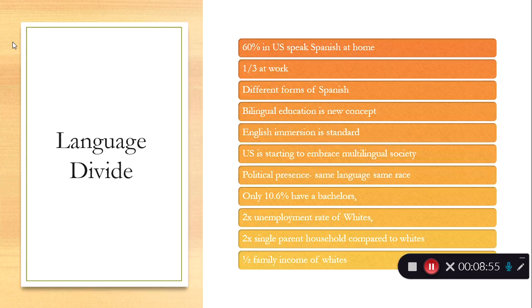So in Hispanic families, 60% speak Spanish at home. 1/3 of them speak Spanish at work, okay? There are very different forms of Spanish, okay? And then you also have the influence of Portuguese and Creole and French and English, all blended in with the native languages also.